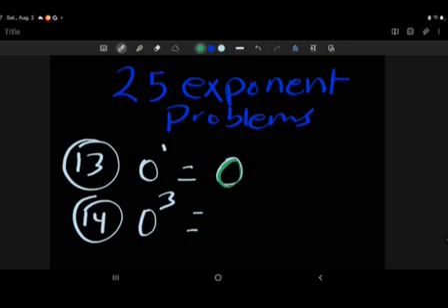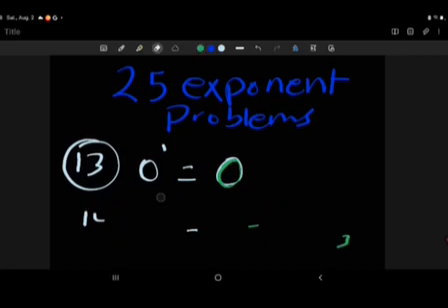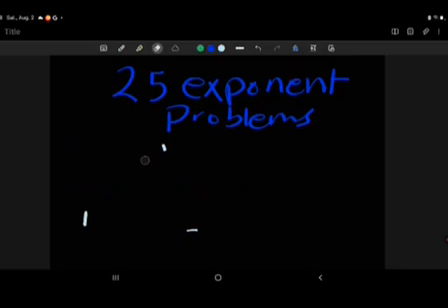Of course, the answer for that is 0, because this is the same thing as 0 times 0 times 0, 3 times, 1, 2, 3, comes down to being 0. Regardless how many times you multiply that 0 by itself, it still yields 0.